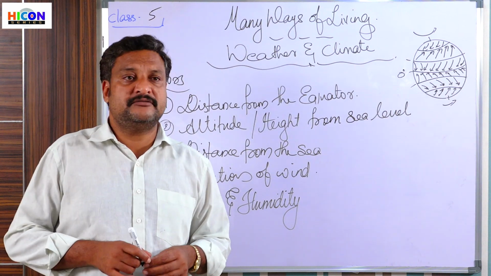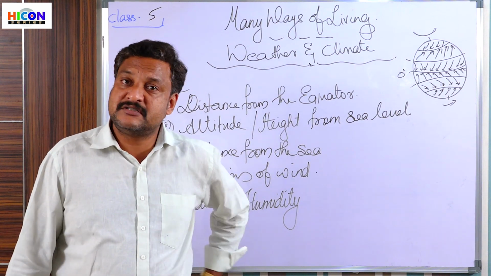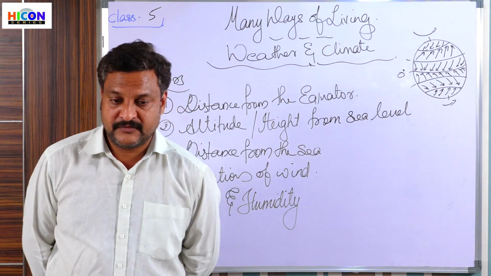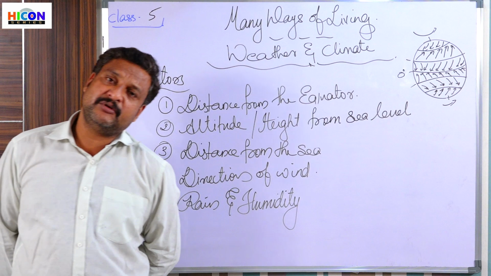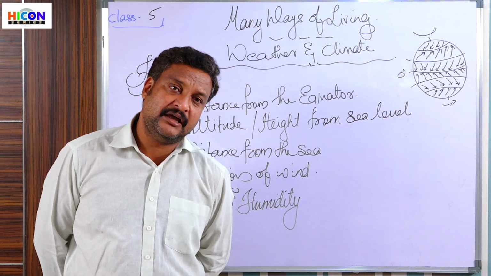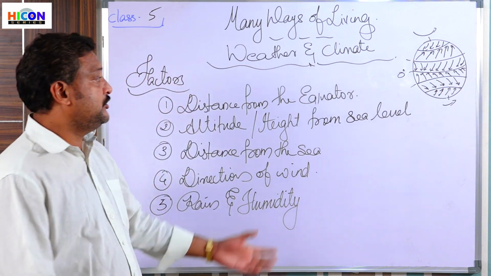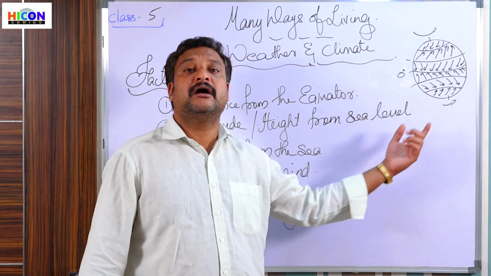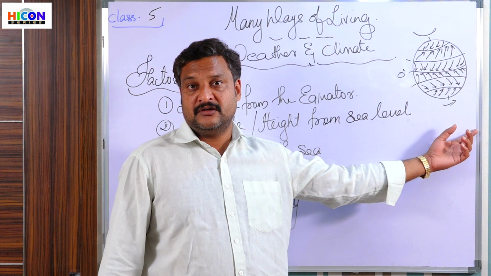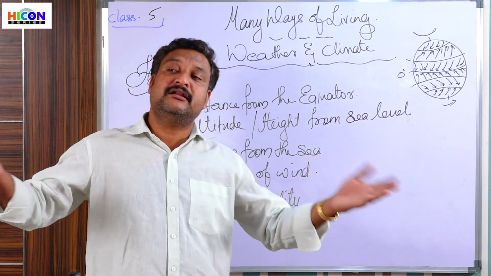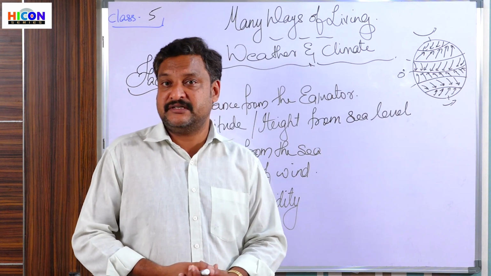Rainfall is a factor which decides the climate because we have a season based on that, isn't it? Rainy season. So, is the distribution of rain the same across the country? No. In the beginning, I told you, we have Rajasthan and the northeastern states where not only the distribution of heat, the distribution of rain also is not equal across this region, isn't it?